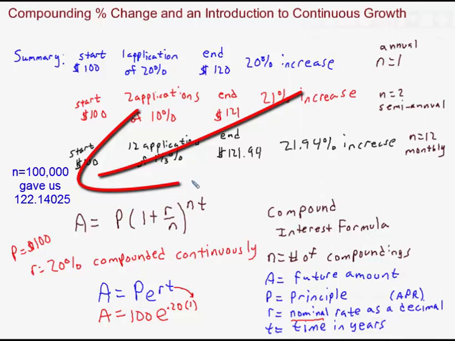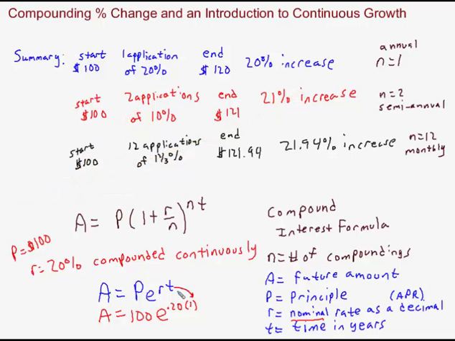So because we're rounding to the second decimal place, there was no difference between our result using this formula than using this formula at n equals 100,000. Again, if you would have looked out past the second decimal place, you'd see that you actually did get a bigger number using this formula than you did by plugging in n equals 100,000 into this one. But the idea is to two decimal places, there's no difference between 100,000 compoundings and continuous compounding.